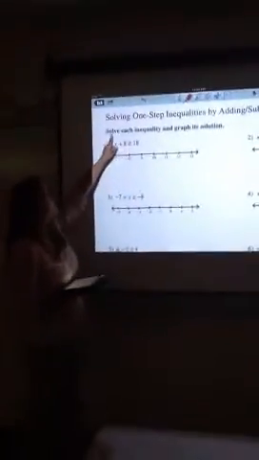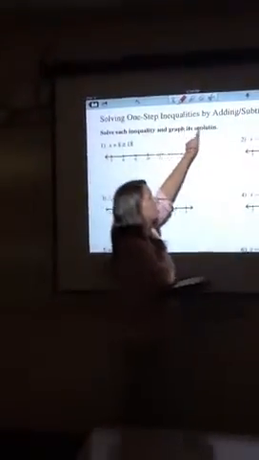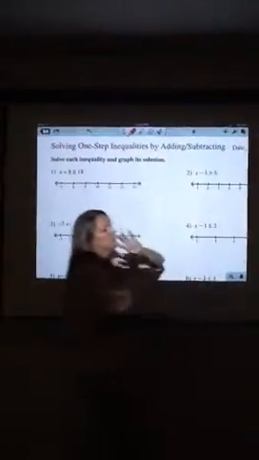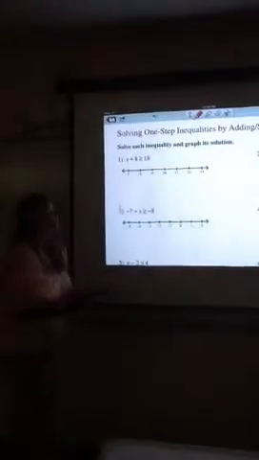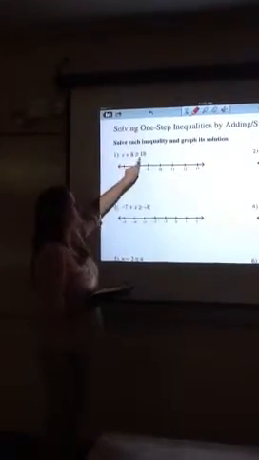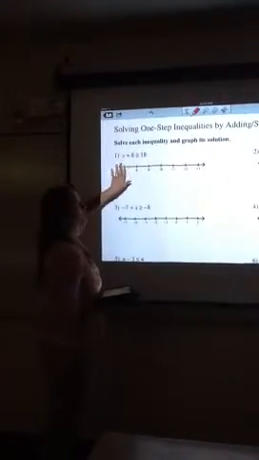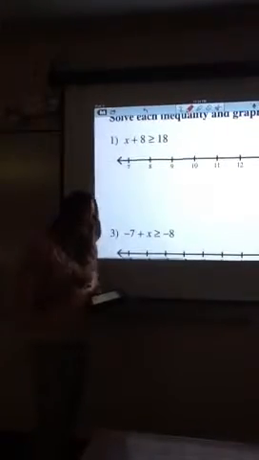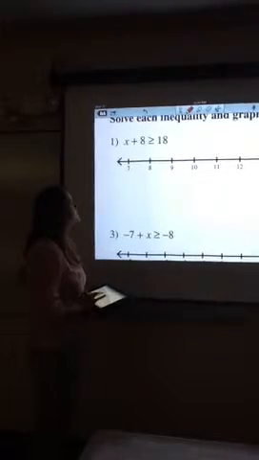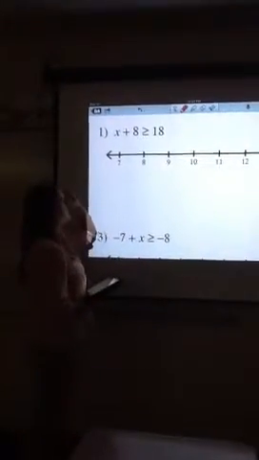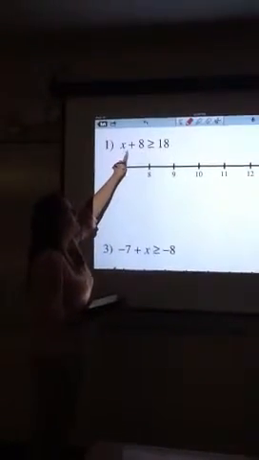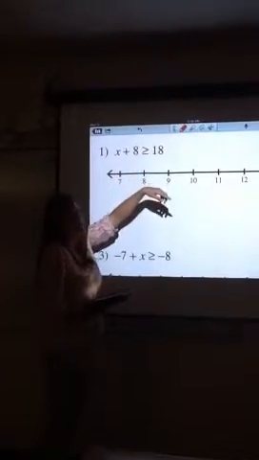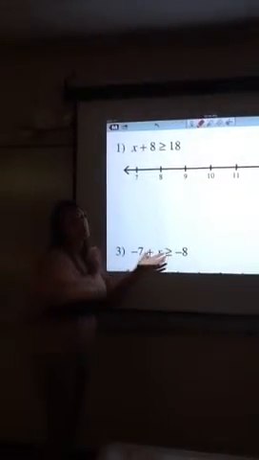Okay, now we're working on solving one-step inequalities by adding or subtracting. Pretty much doing what we were just working on, but now we have to make sure that we have solved this inequality before we go to graph. So it's a lot like solving an equation. Looking at number 1, if this was an equal sign here, I had x plus 8 equals 18, I've got to think, what would my first step be?